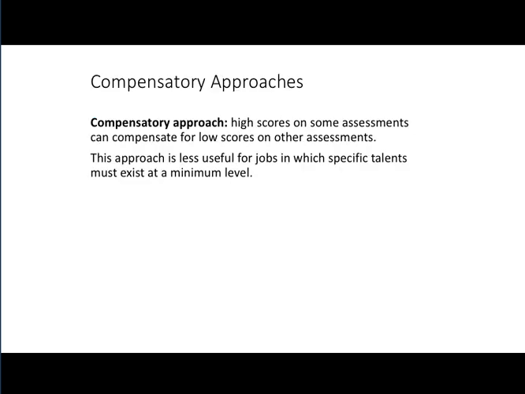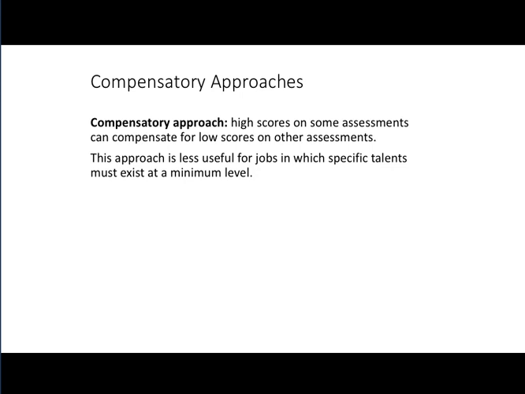In terms of the compensatory approach, what we're looking for is high scores on some areas to compensate for low scores in others. When people have to have a specific talent, like you would with the multiple hurdle approach, this is not a useful approach, because we do want people to be equally good in all areas when things are much more stringent and when really specific talents are important.